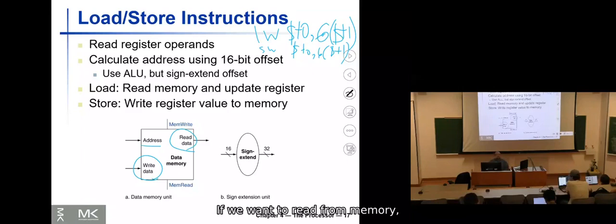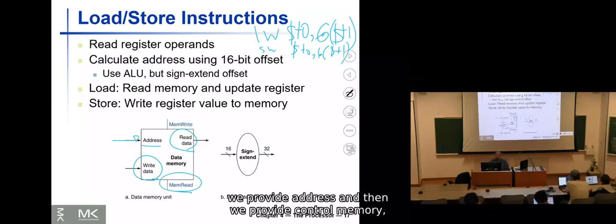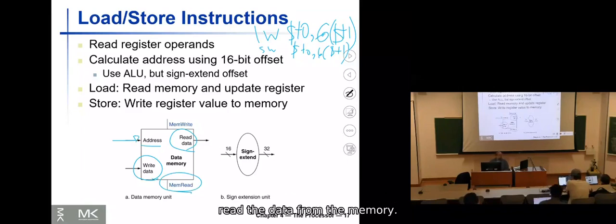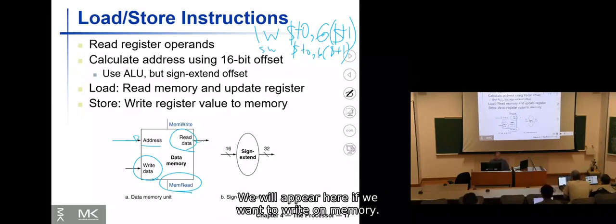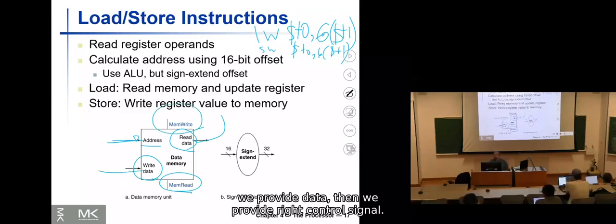If we want to read from memory, we provide the address and then the control, memory read. The data from the memory will appear here. If we want to write to memory, we provide the address, we provide the data, then we provide the write control signal, and then the value will be written at the address that we have specified. Okay, so this is the memory.